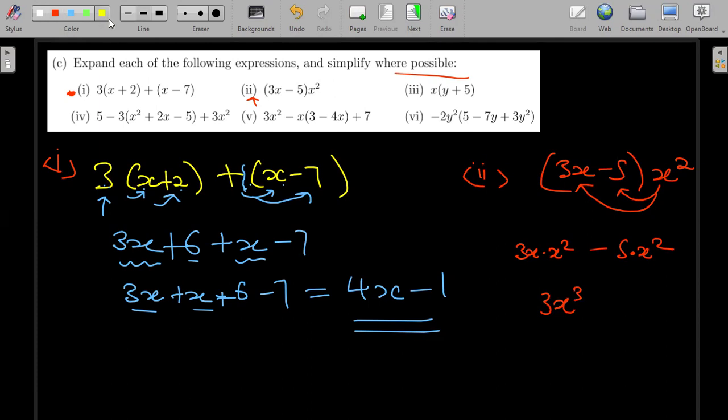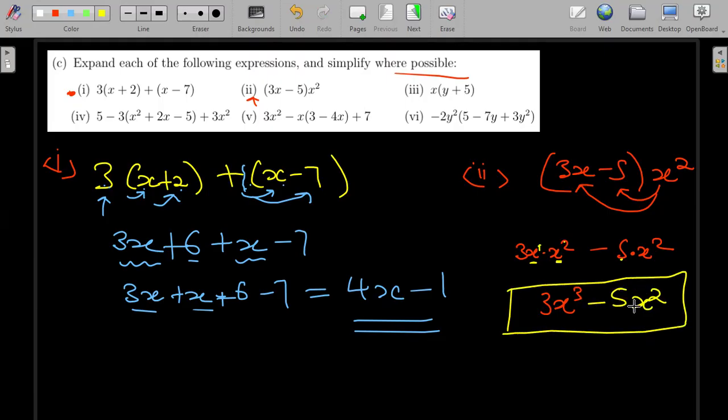Remember the rules for exponents: if the bases are the same, we can add their powers. This one has 2, this one has 1, so adding 1 plus 2, no wonder I'm getting 3. And then minus 5 is just a constant multiplying x squared, so I get minus 5x squared. Here I've expanded, and there's nothing much I can do to this expression, because they're telling me to expand. So we end here. This is the answer to the second one.